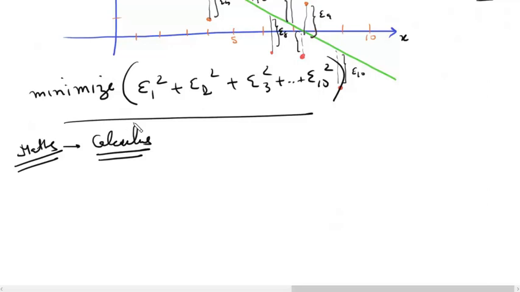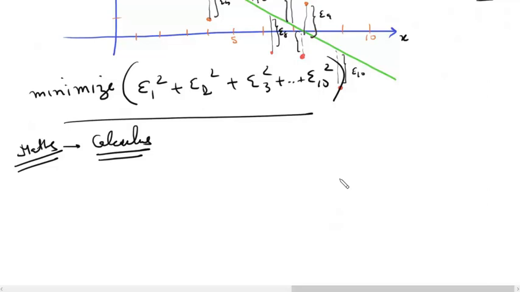So how do we minimize a quantity? How do we minimize any mathematical function? In order to minimize any mathematical function, we take the first derivative of it and make it equal to 0. And then if we solve, we get the point at which the function is minimum.